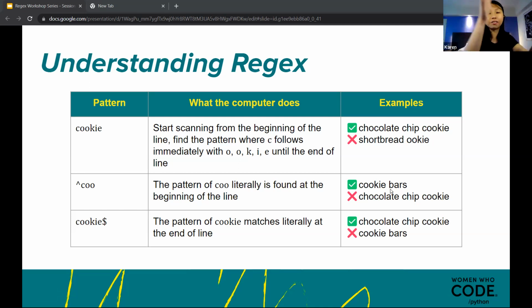But then why doesn't chocolate chip cookie work? It has COO there, but it does not start with COO from the beginning of the line. It starts with CHO.